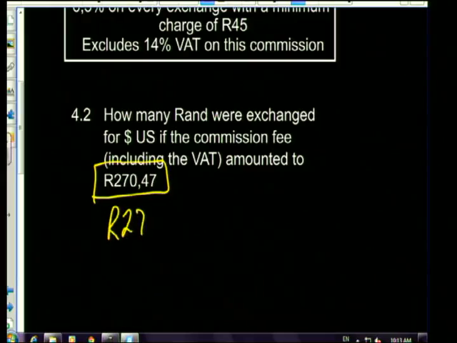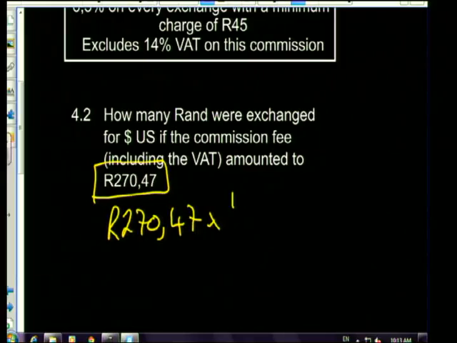Now remember that this 270 Rand 47 includes the 14% VAT. Let's get rid of the VAT first, because that's not part of the money that the exchange people are getting. They're giving that 14% to their tax man. How do we get rid of that 14%?